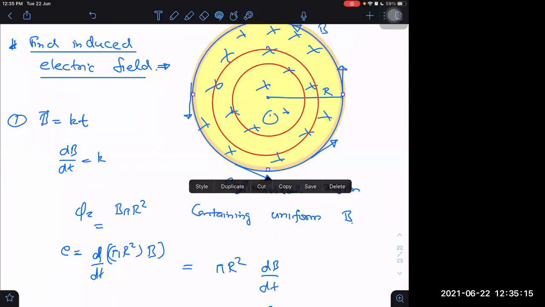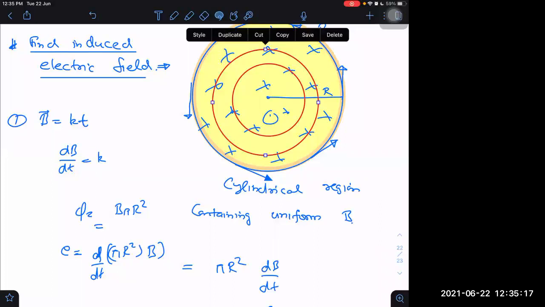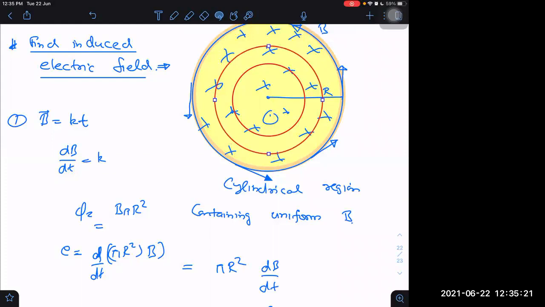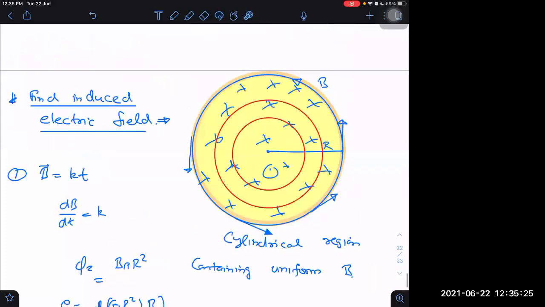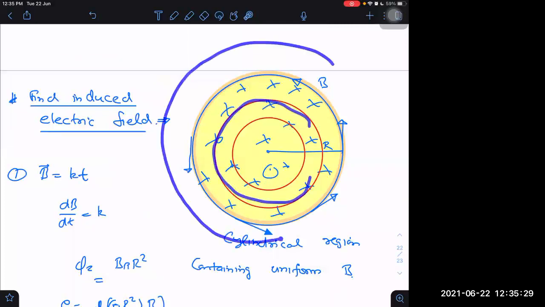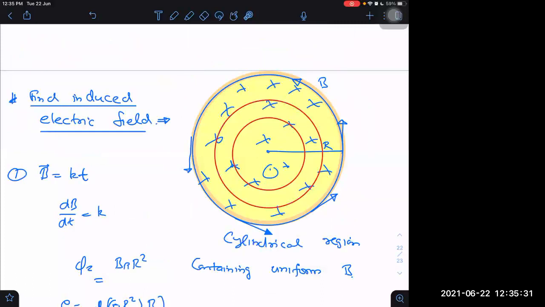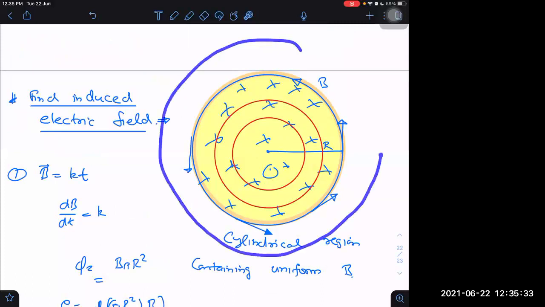I'm not able to make it concentric, but it is concentric actually. I hope you understood. Concentric circles. How many circles will be there? Infinite circles. Will those circles be inside only, or will they go outside also? Those circles will be outside also, don't say inside only.